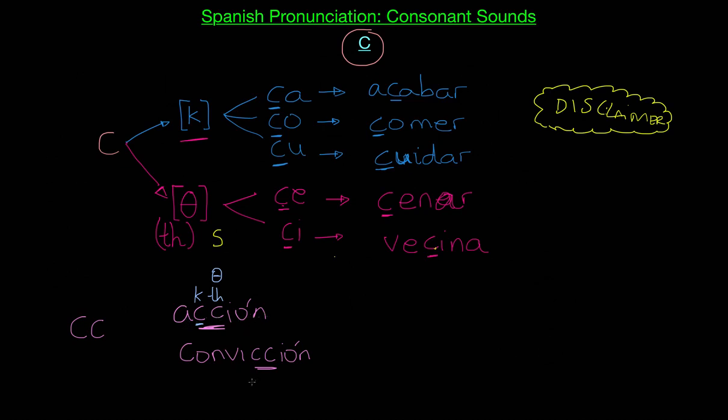If this is acción, this one will be, and I want you to be thinking about it, convicción. So whenever you find two Cs together, the first one sounds k, the second one sounds th: acción, convicción.